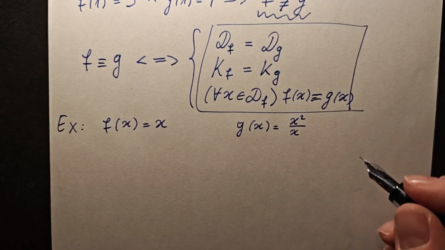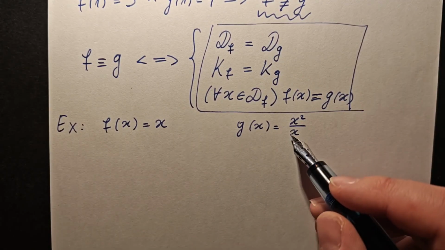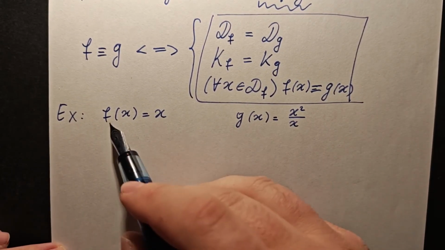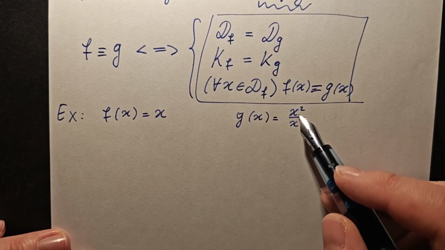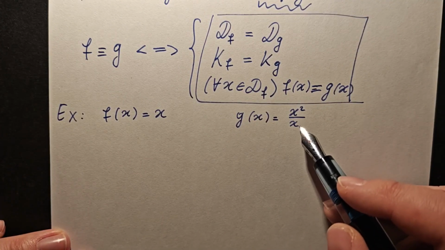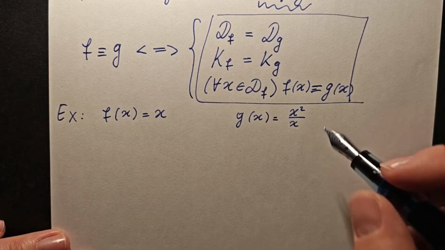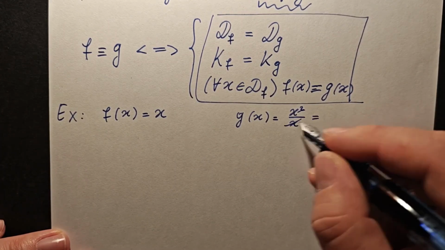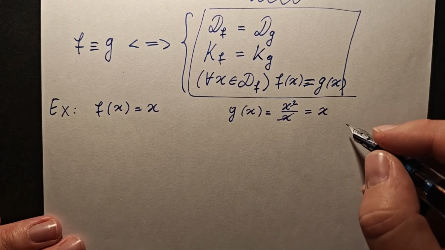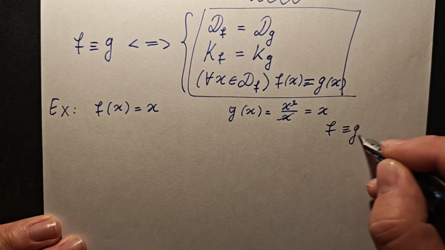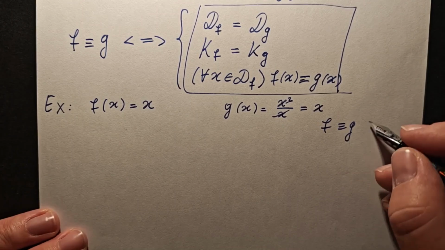The question is, are these two functions the same? Well, f of x is equal to x, and g of x is x squared over x. We can cancel out x, and then we get that g of x is equal to x. So the conclusion is that f and g are one and the same function.